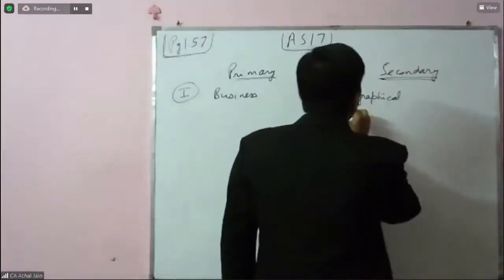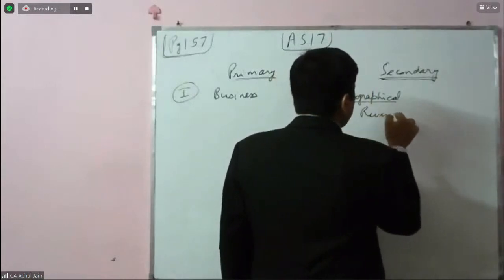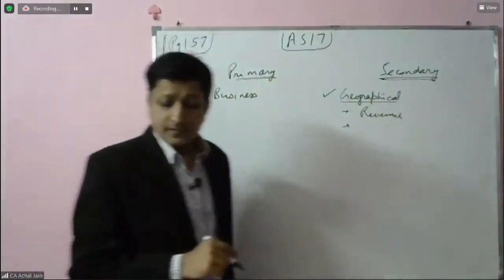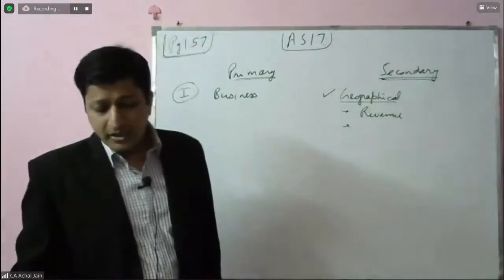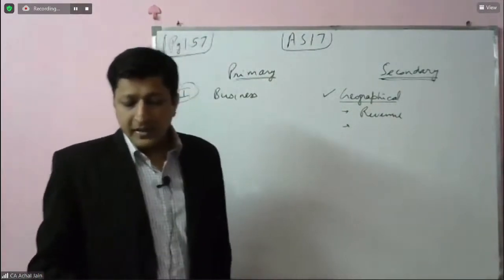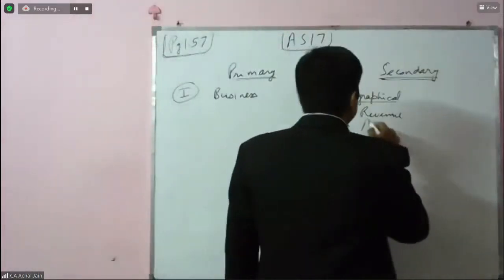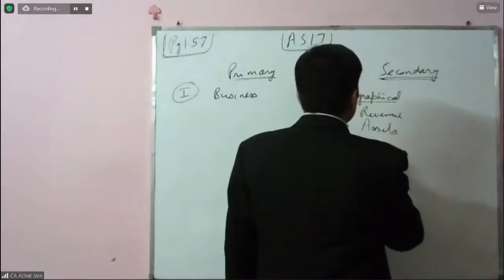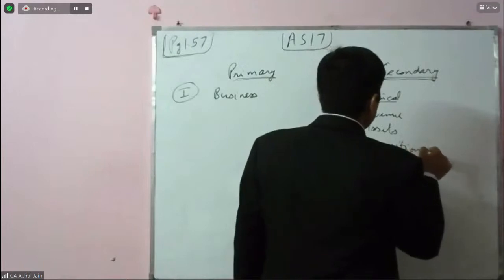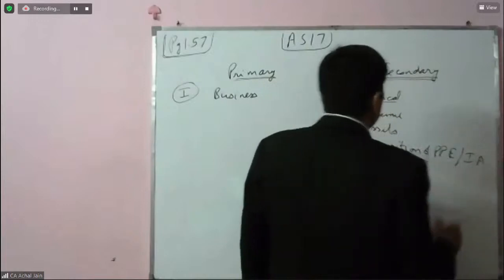Okay, so now for this we can say disclosure in relation to revenue, disclosure in relation to results, disclosure in relation to the segment assets, and disclosure in relation to acquisition of PPE or intangible assets.